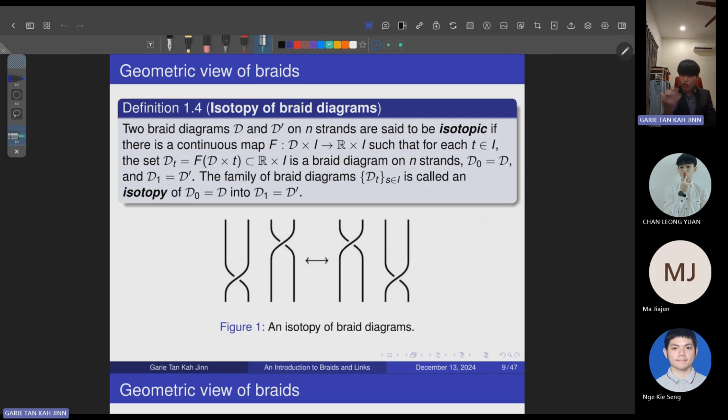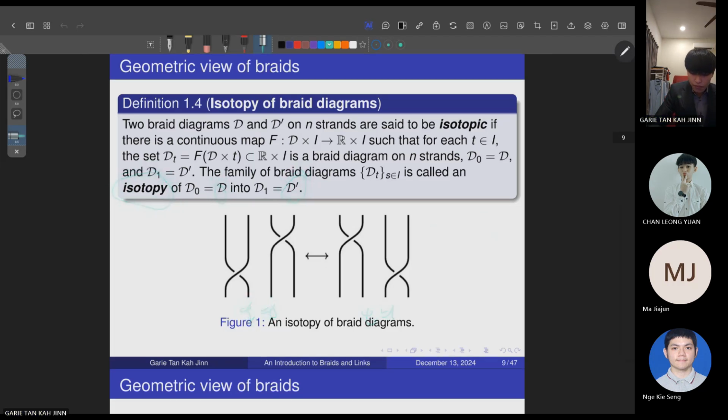Then we call this whole family of braid diagrams that we map from this function an isotopy of D into D prime. For example, this one is t equals 0, this one is t equals 1. Maybe at t equals 0.5, I may have something like this, depending on how I define it. Maybe here.